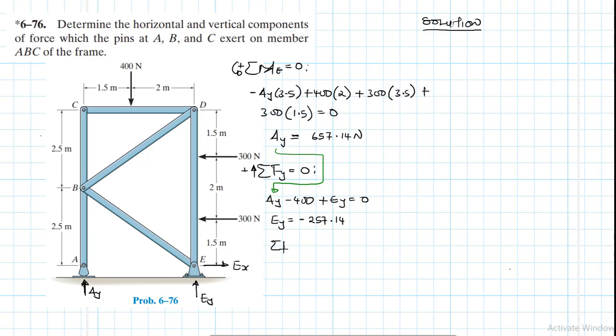Then we have summation of forces in the X equal to 0. What do we have? We have minus 300 plus EX equal to 0. Therefore, EX is going to be equal to 600 newtons. So let's write this.